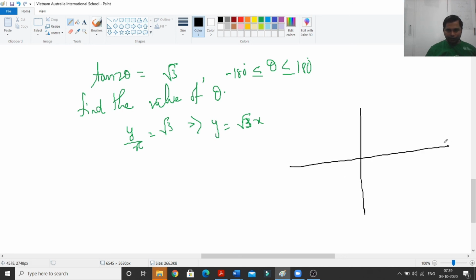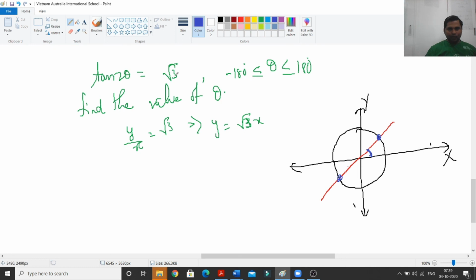So let's draw the unit circle. So x-axis, this is y-axis, and y is equal to root 3x line will be somewhat like this. So we'll get 2 points in the positive. We got two answers, one in the first quadrant, other in the third quadrant, right?